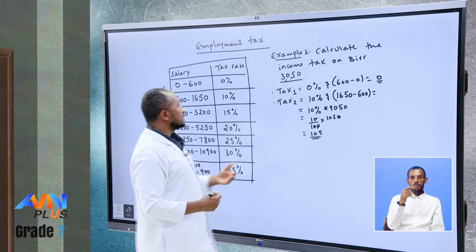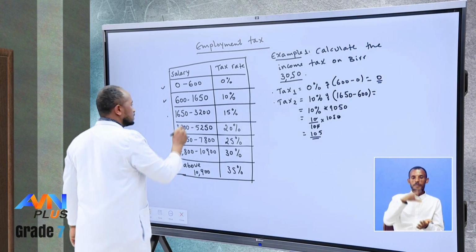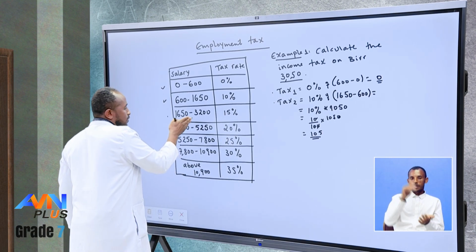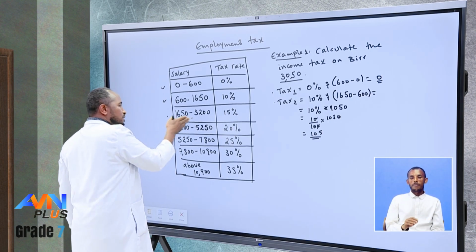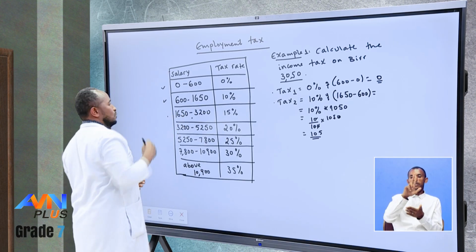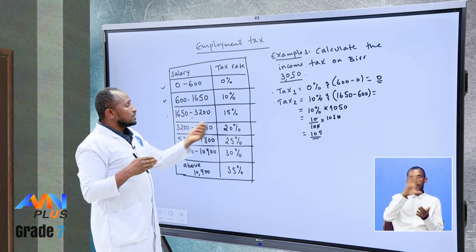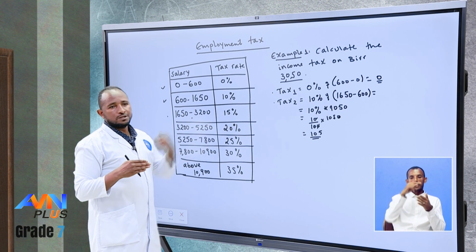Now let's proceed. The income is 3,050. So 3,050 is here. On this interval, the income amount is the difference between 3,050 and 1,650. For this portion, the tax paid will be 15%.